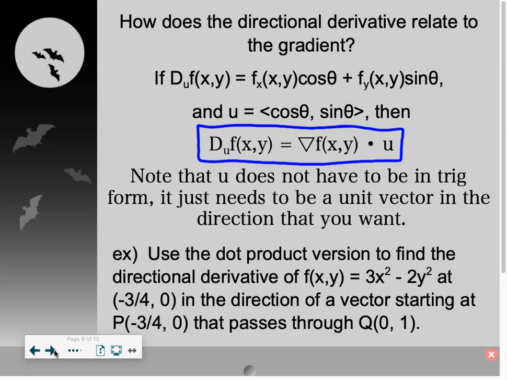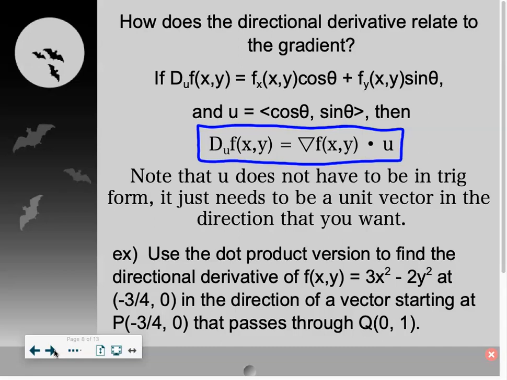So I want you to use this version to find the directional derivative of f(x,y) = 3x squared minus 2y squared at the point (-3, 4, 0), in the direction of a vector that starts at (-3, 4, 0) and passes through the point (0, 1). Whoa. So you're going to need to find two things.